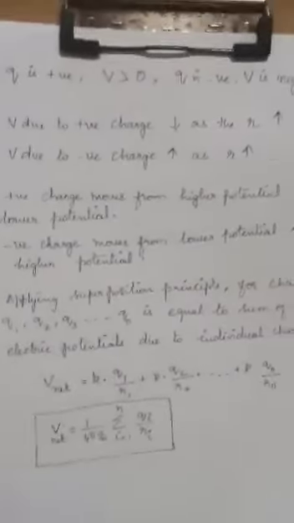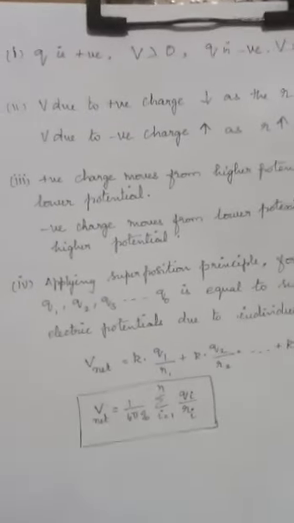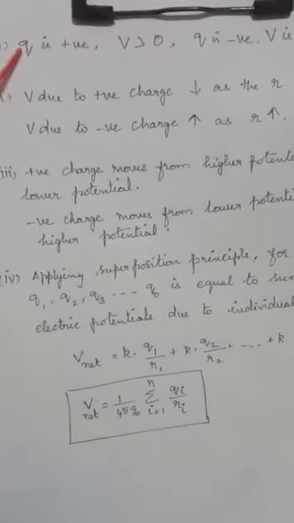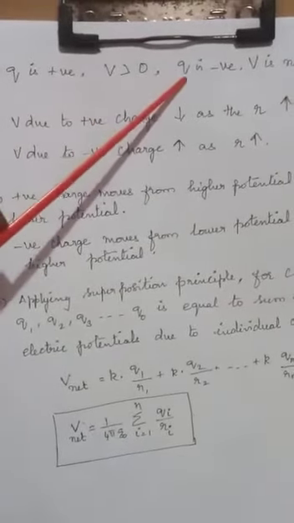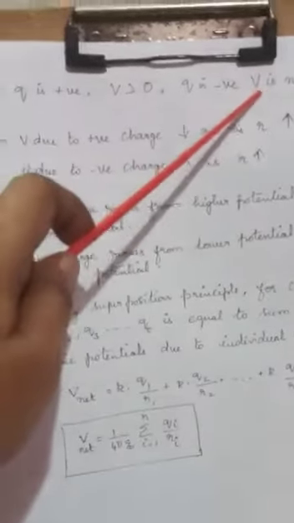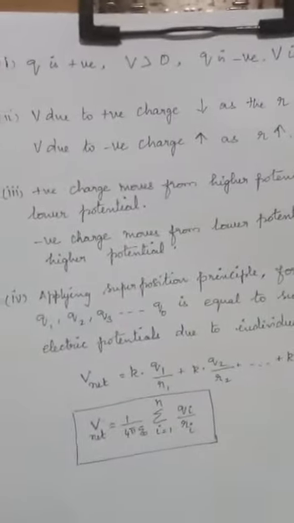So now what are the conclusions based on that? If you consider Q to be positive, V also will be larger than 0. If Q is negative, naturally V is also going to be negative.